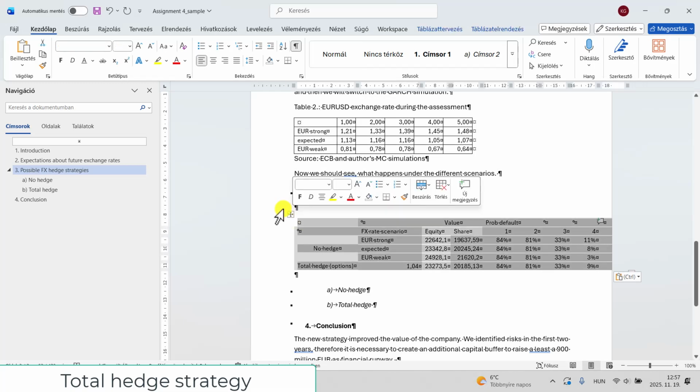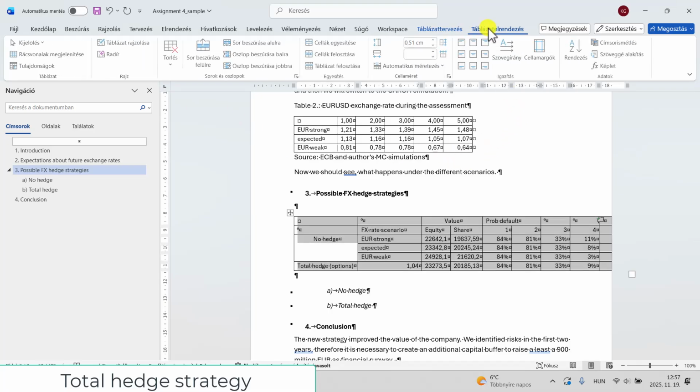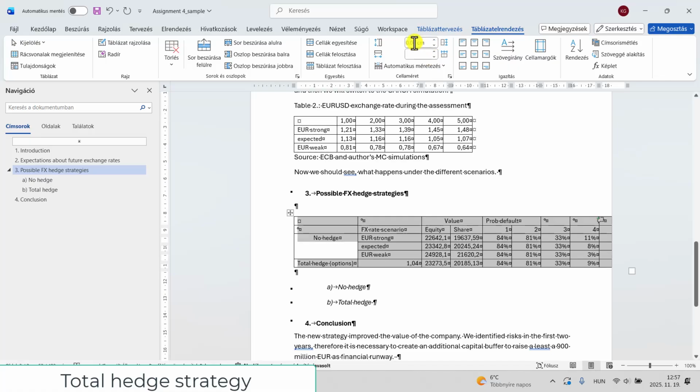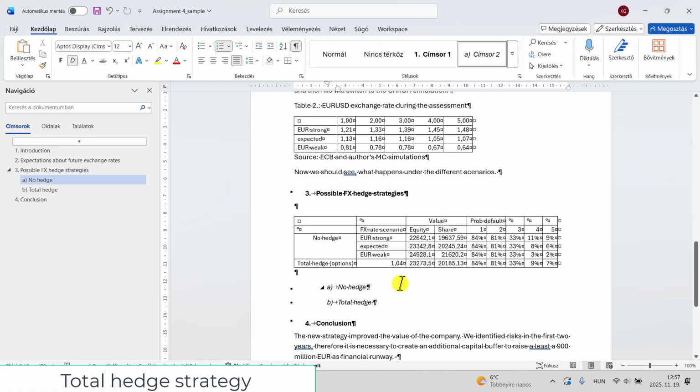So after some manual labor, we can see what the possible impacts are. Somehow I should put everything on the same scale. Okay, it's visible. Plus 3.